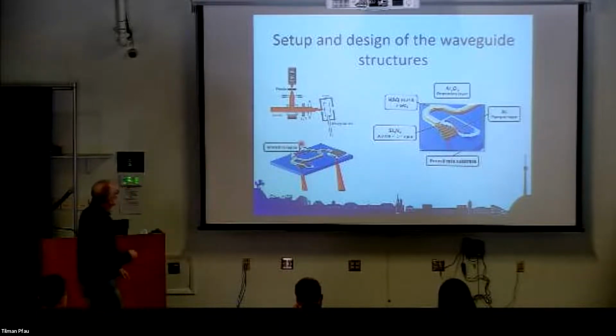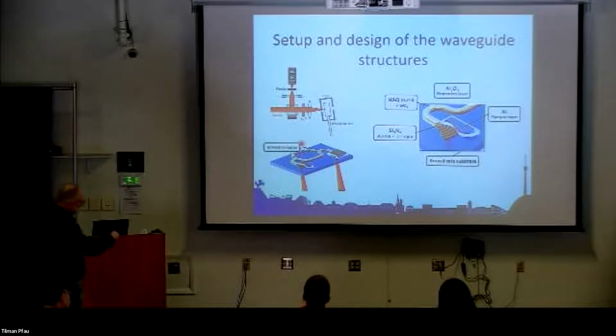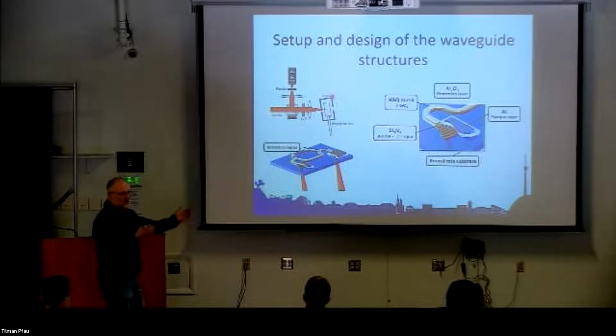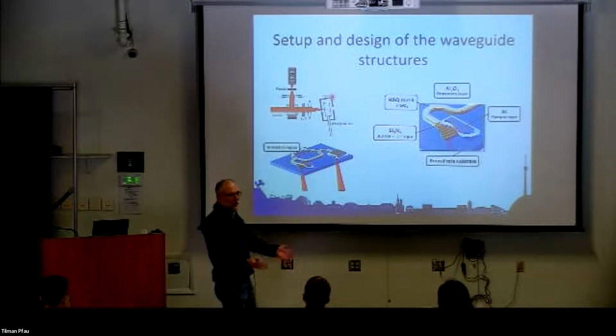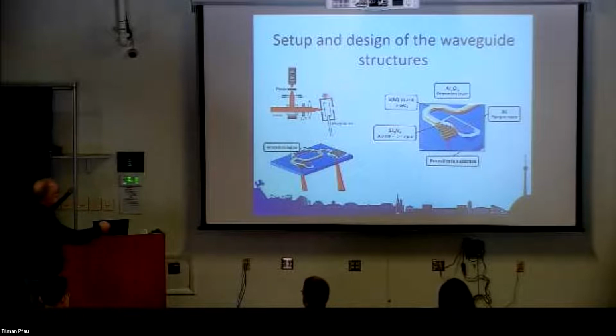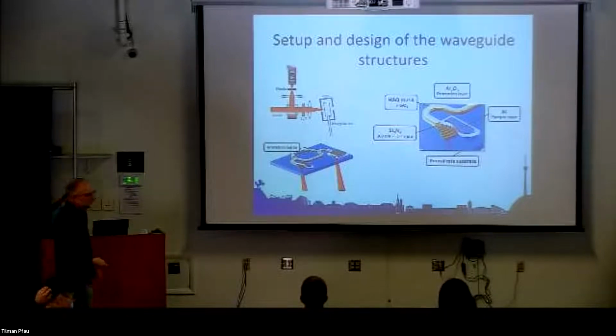And the experiment is actually fairly simple. You just have that structure here. You make a cell, put it in an oven because you want to vary the atomic density by just heating the cell up. And then you observe it through a confocal microscope, either with a camera or with a photomultiplier.